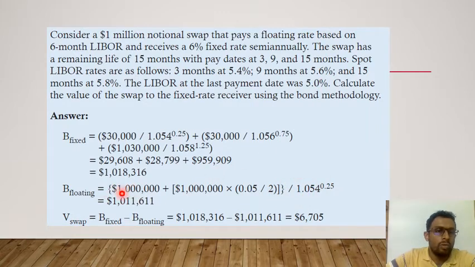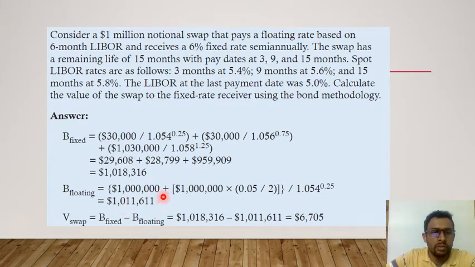So it is like 10 lakh, which is the notional principal, plus the interest being calculated using the last payment date interest rate, that is 5%. So the interest comes around 25,000, and this 25,000 plus 10 lakh is added and brought back to the present period using the 3 months LIBOR rate.